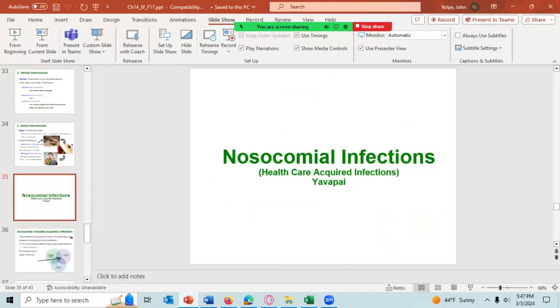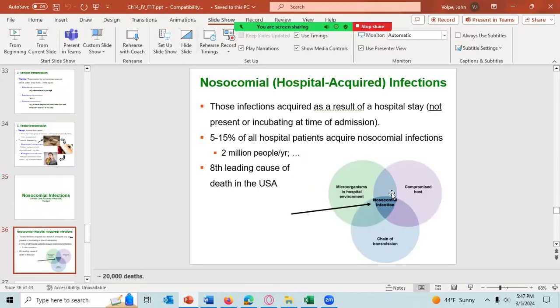Since most of you are going to go into the healthcare industry, this is one of the most important topics I can teach you in microbiology: what nosocomial infections are and how to prevent them. Nosocomial infections are also called health care acquired infections, or hospital acquired infections.